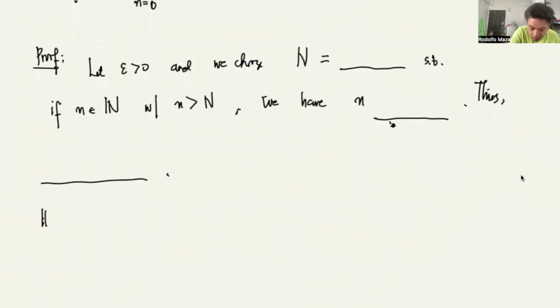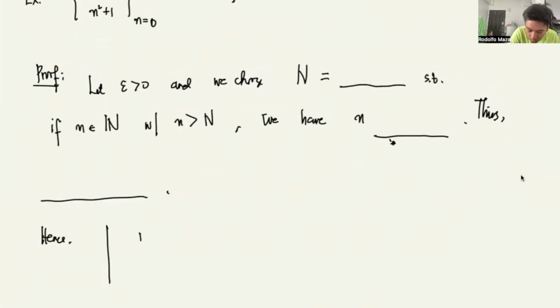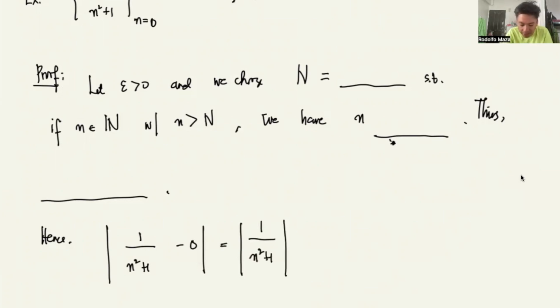So hence, in 1 over n squared plus 1, this minus 0 is equal to 1 over n squared plus 1, because we know this will only be positive. So we can now remove the absolute value. And so, we know this is less than 1 over n squared. We are sure about that. And then 1 over n squared, we know this is less than or equal to 1 over n.